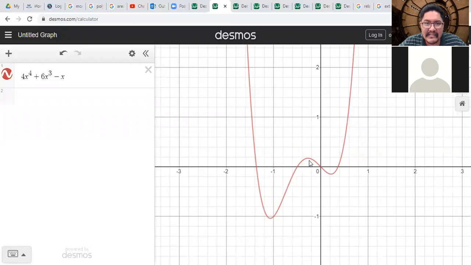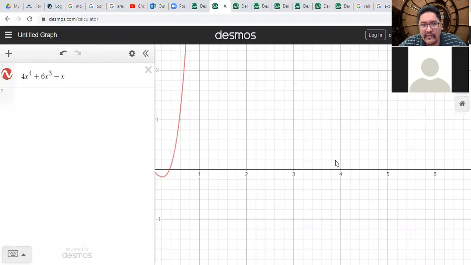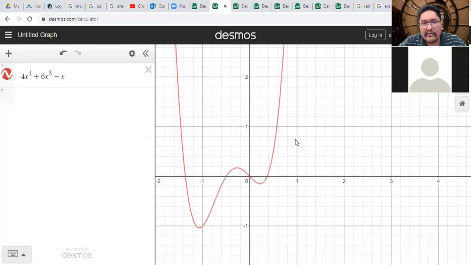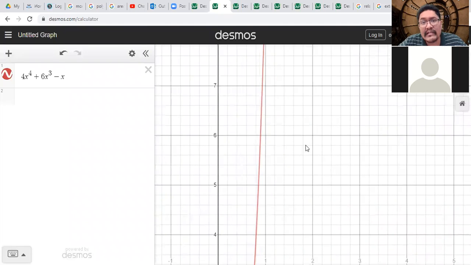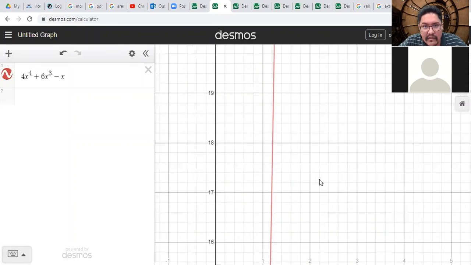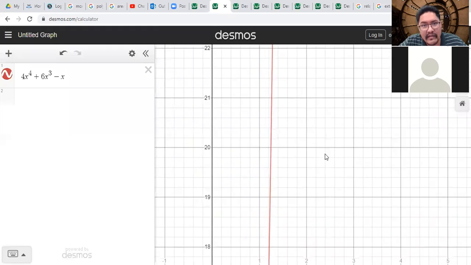The first thing that it asks us is, what happens when x goes to positive infinity? As we move to the right, what is the function doing? That's the f of x part, or the y. Which way is the y going? Here we can see that the y is going up. So as we move to the right, the line goes up.